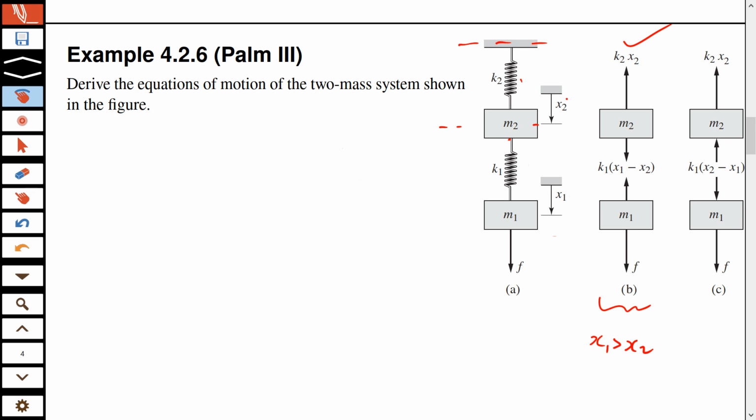Similarly, if this is your reference and if x2 is positive, which you assume in this case, then you are essentially stretching k2 downwards, so the restoring force will be upward. That is the situation when you assume the inequality in this way.